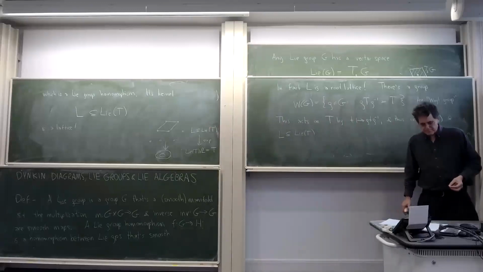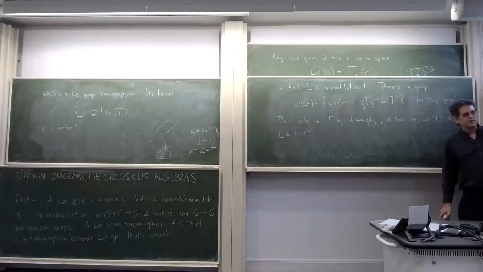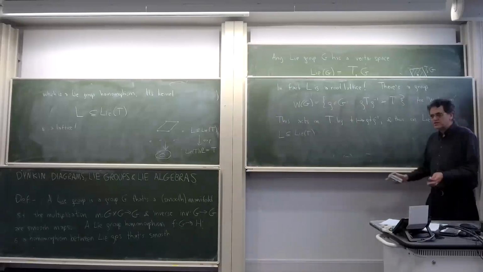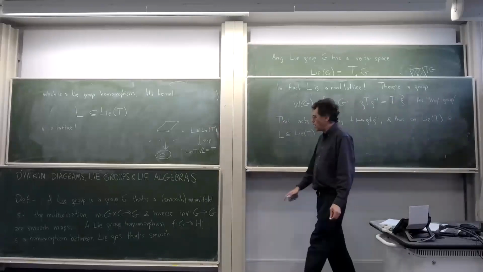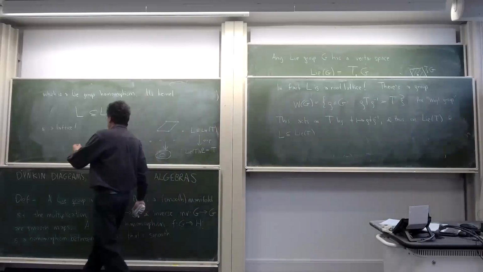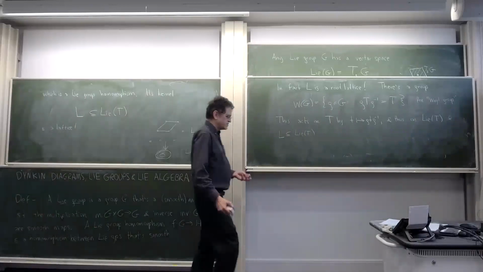I'm not proving to you that this is a finite reflection group. I just don't have time, but it is. And I'm not proving that the reflections that generate it are actually reflections along certain vectors in the lattice L. These vectors I call roots, but it's true.